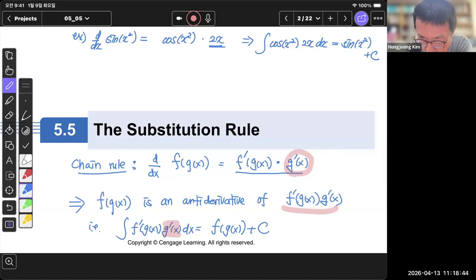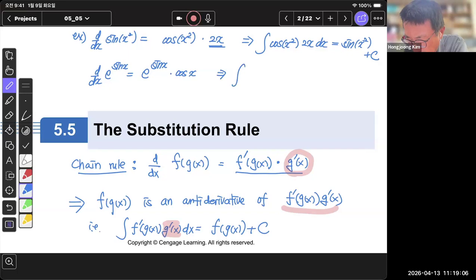Or if I have e to the sine x, if I differentiate this, you get e to the sine x times the derivative of the inner function, which is cosine. So that means the integral of e to the sine x times cosine x dx will be e to the sine x plus constant c.